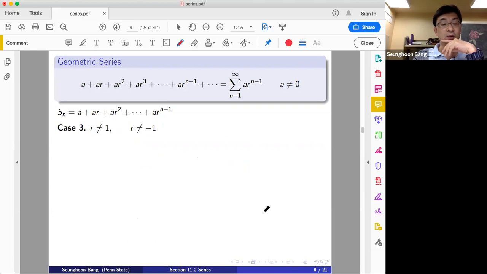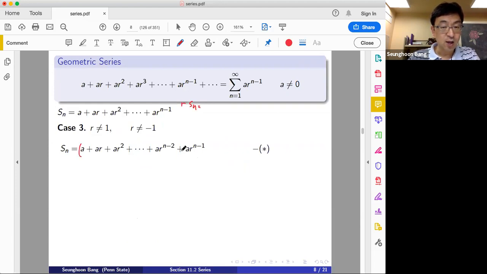The third case is r is not equal to 1 and r is not equal to minus 1. How can we solve it? We think about the partial sum, this one. Next, we think about r times Sn. This one times r: r times a is a times r, plus r times ar is ar squared, plus ar cubed and keep going.